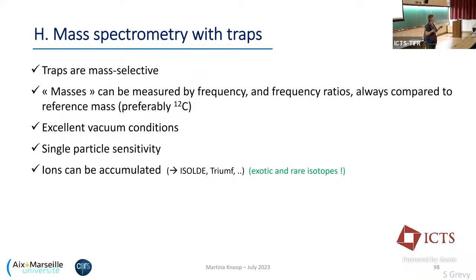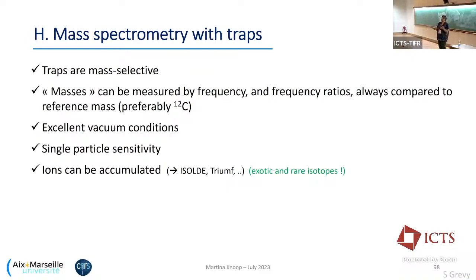For example, I know that in France all the fire brigades now have a mass spectrometer, and this mass spectrometer is most of the time a trap, sometimes a radio frequency trap, but sometimes also a Penning trap.